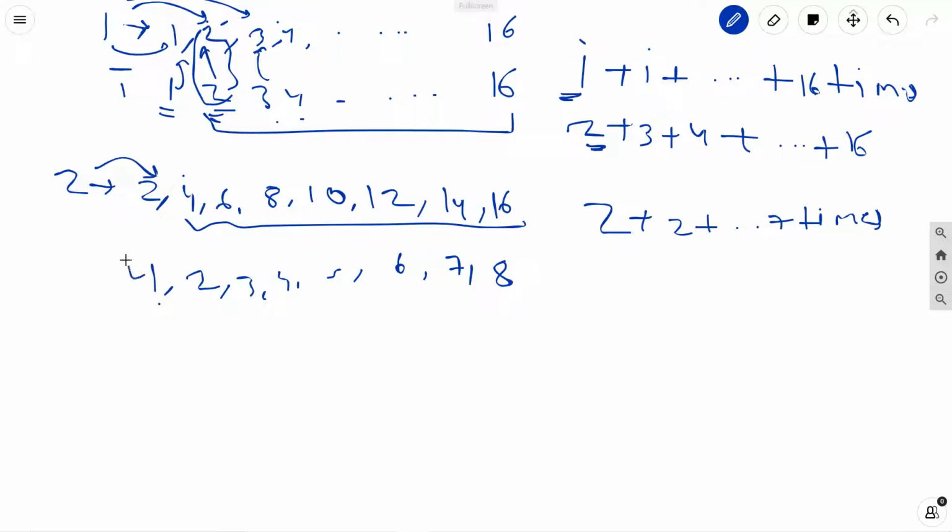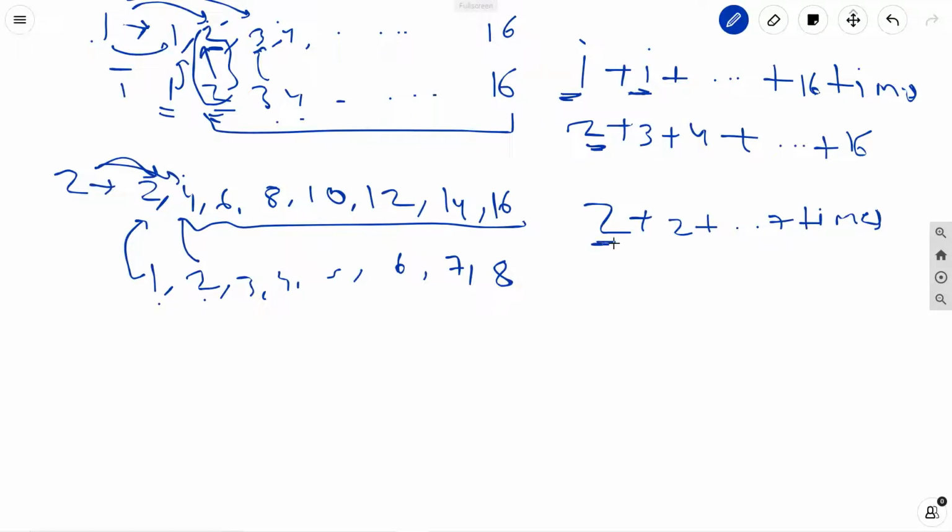Now for this one, 1 as a divisor of 2, this thing we already handled when we were doing for 1. So we said 1 is a divisor of 2, so we added it here. But for this 2, 2 is a divisor of 4, and this we have already added here, like we said 2 is a divisor of 4.